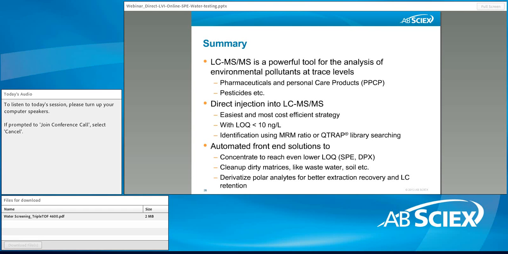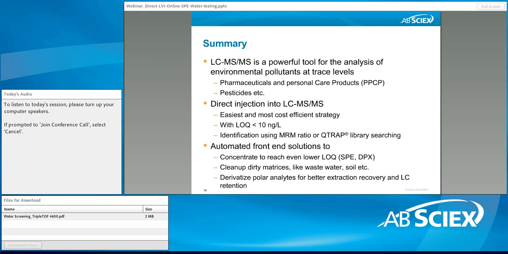A quick summary. LC-MS is a very powerful tool for the analysis of a big variety of environmental pollutants at trace levels: pharmaceuticals, personal care products, pesticides. As you told us also during the polling question, these are maybe the two most important areas of water testing.